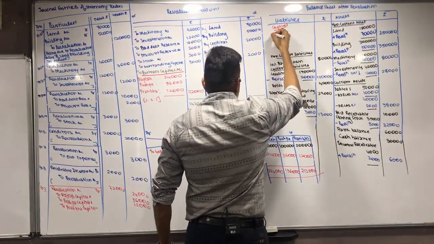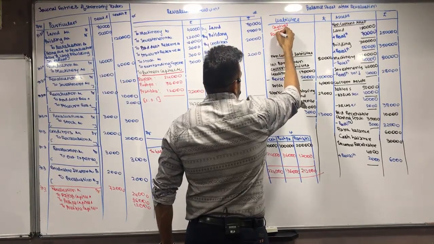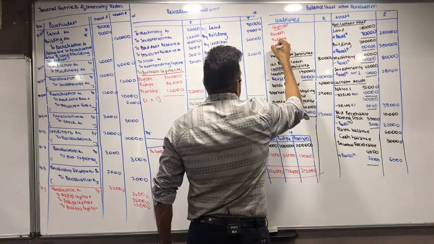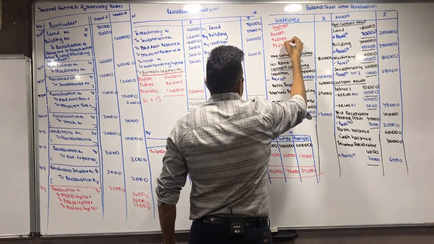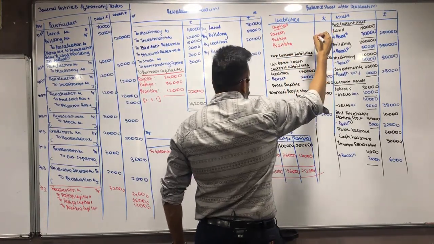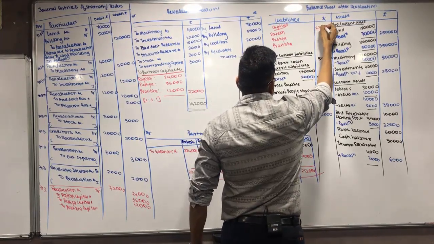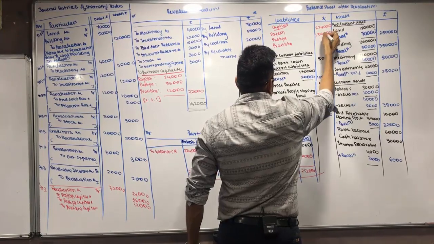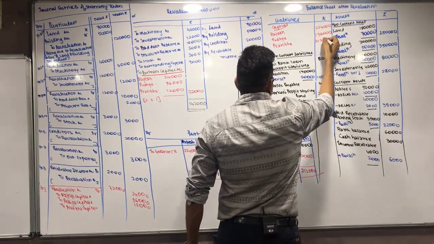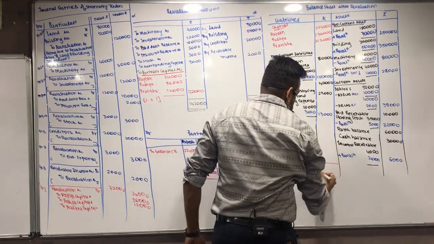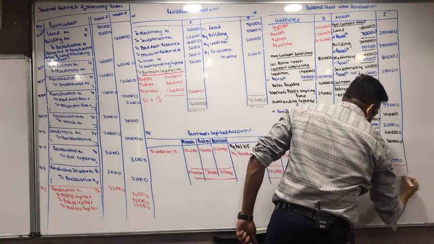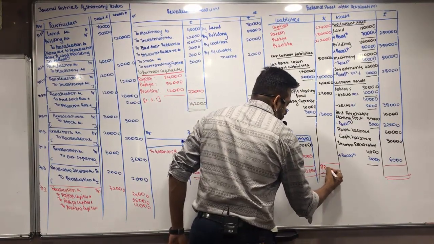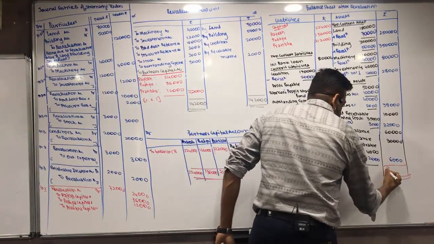Now new capital: Rajesh, Pushpa and Pratibha, 2,24,000, 1,36,000 and 2,12,000. Do the totals. It should tally: 8,84,000.